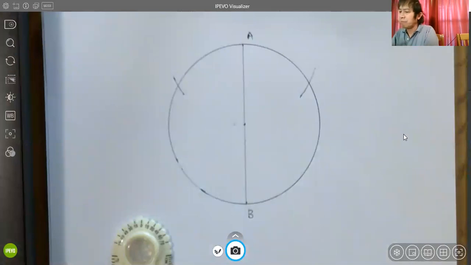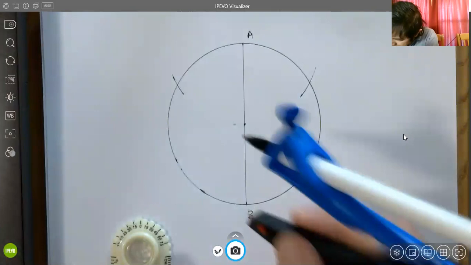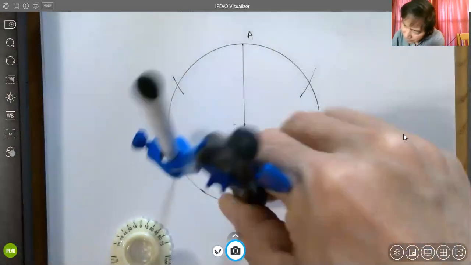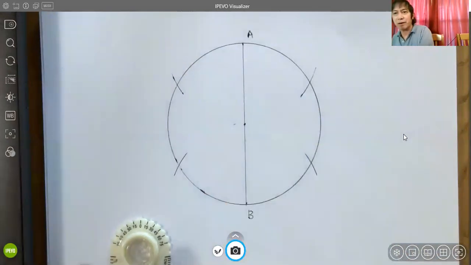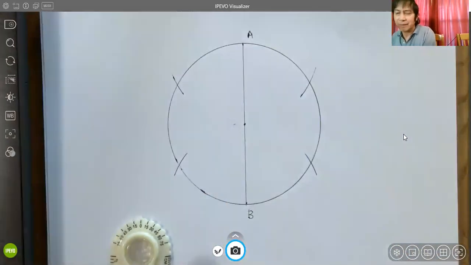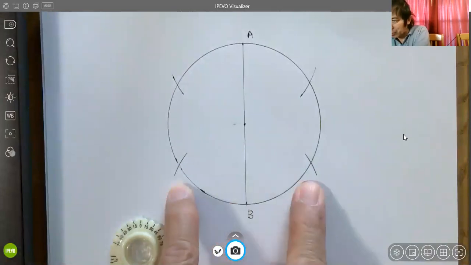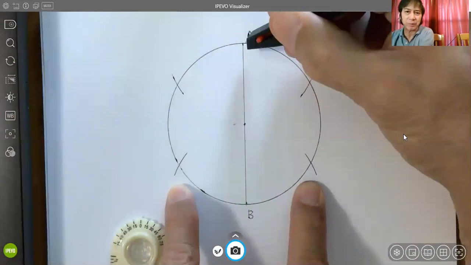Now, we shall use the other endpoint B and create arcs there. Now, if you want to use the two points below, you'll be able to construct an equilateral triangle with the top angle on top there.